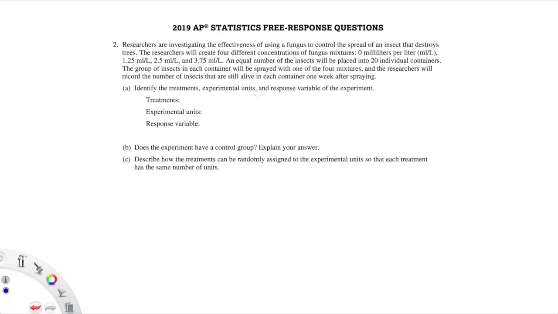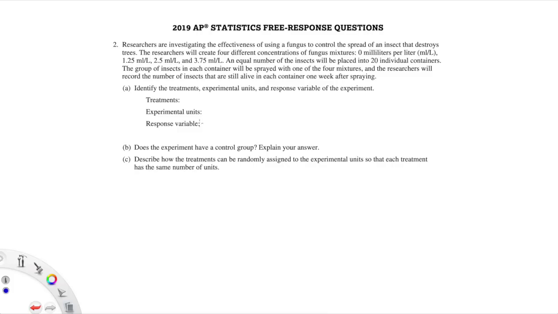And remember, if you can give relevant information that's true, you should. And quantitative values, where appropriate, should be included. So for example, for treatment, we know our treatment is the spray, but we want to say the 4 different sprays that contain 0 milliliters per liter, 1.25, 2.5, and 3.75.